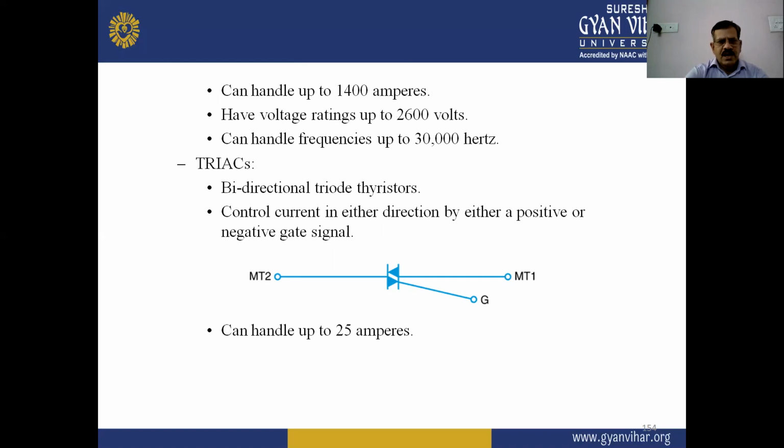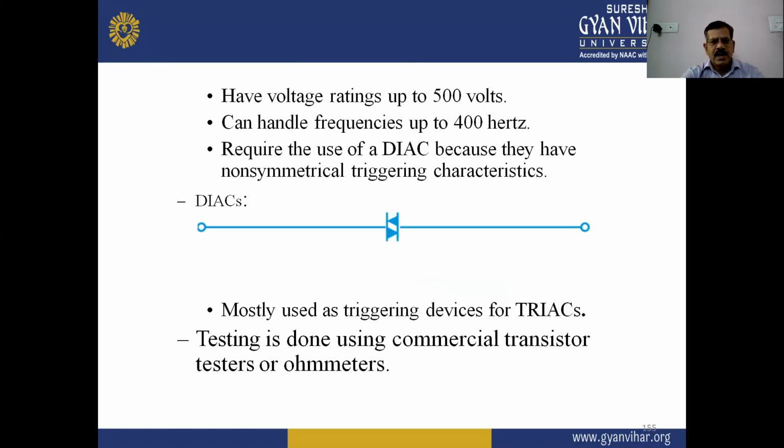In this triac, the current flows in both directions, and the triac controls current in either direction by either a positive or negative gate signal. The triac can also handle up to 25 amperes of current, has a voltage rating up to 500 volts, and handles frequency up to 400 hertz.